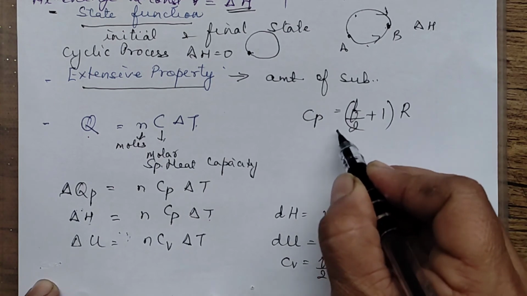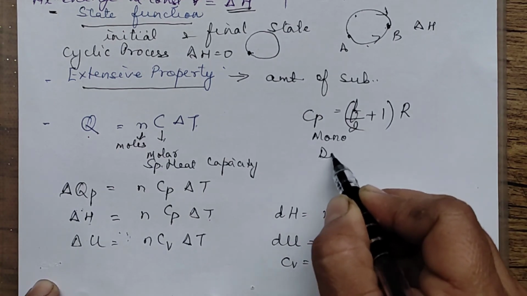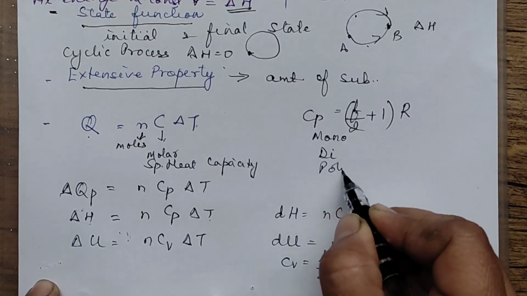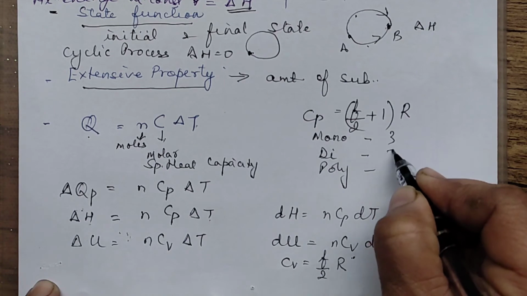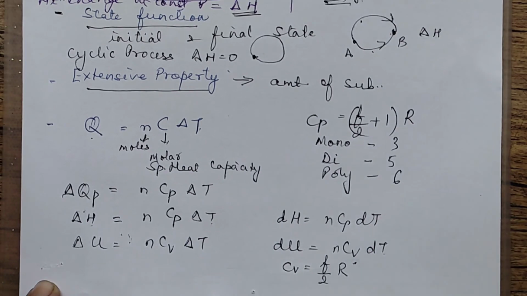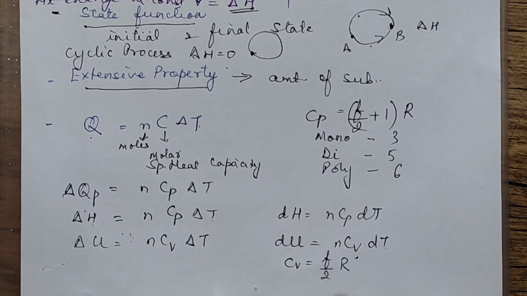For monoatomic, diatomic and polyatomic gases, the f values are 3, 5 and 6 respectively. You can put those values in, calculate the C_P value, and substitute it to calculate delta H based on what is asked in the question.